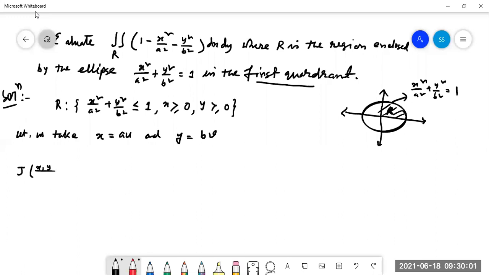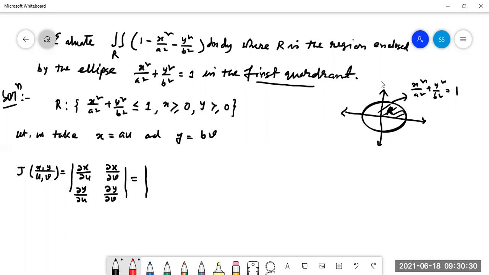It was the previous one; after changing, it will come in u, v. So it can be done by the determinant of del x by del u, del x by del v, del y by del u, del y by del v. Clear?